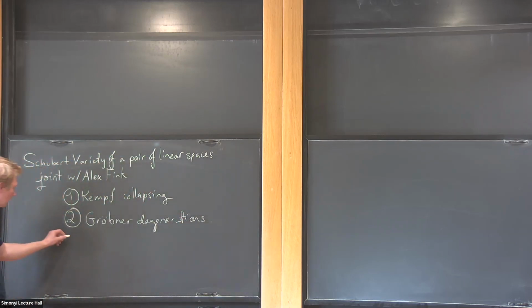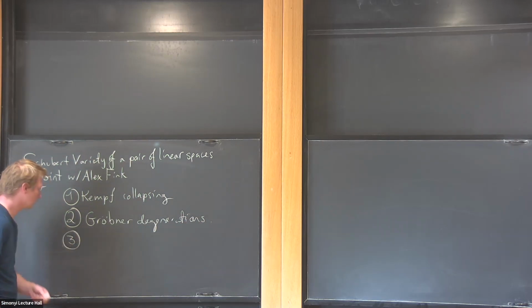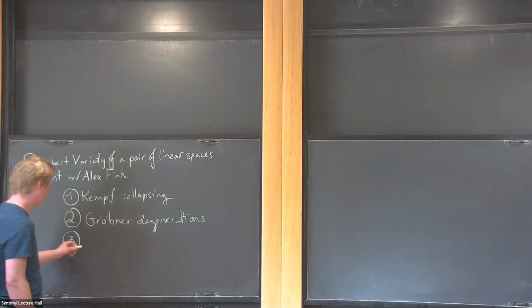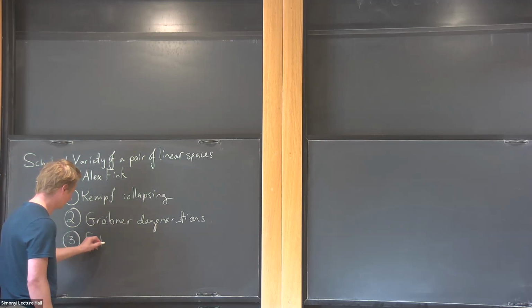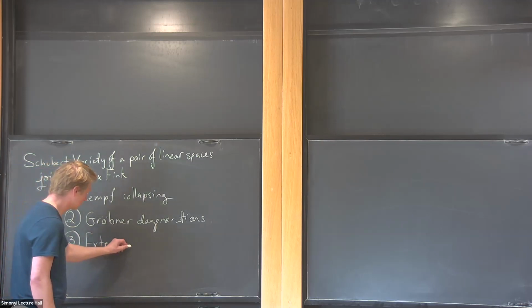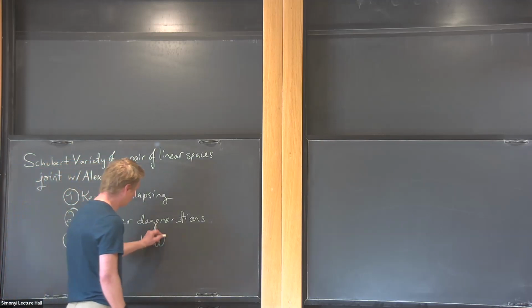And in the third part, I'll talk about how to extend some positivity results, or maybe some formulas that occur, by passing from 1 to 2 to all matroids, extensions to all matroids.